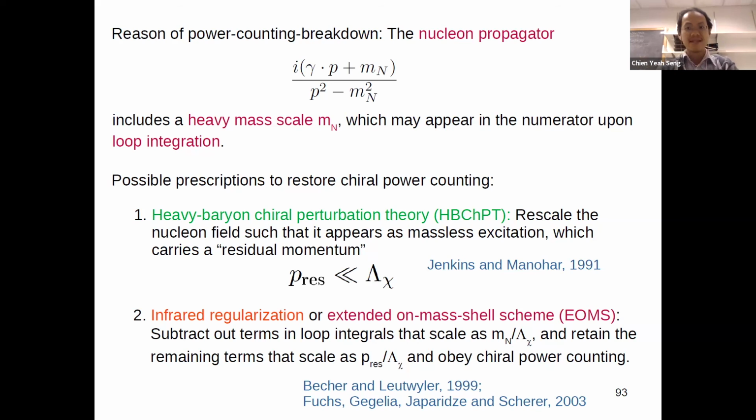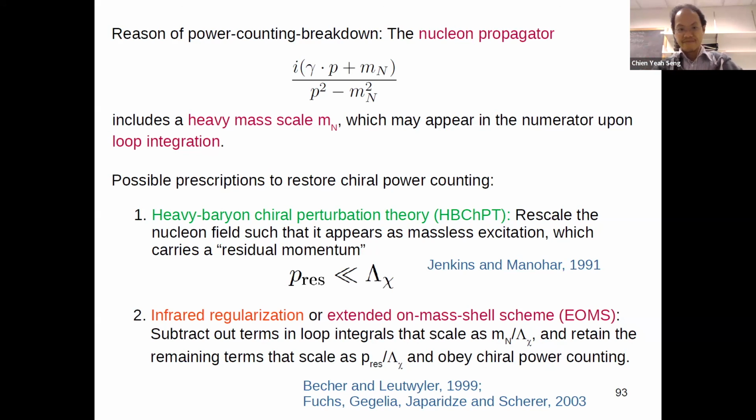The other possible way is the so-called infrared regularization or extended on-mass-shell scheme, where you do not redefine the field, but in performing the loop integral, you find that there are terms that break the power counting and terms that obey chiral counting. And it turns out that the terms that break power counting are always polynomials.